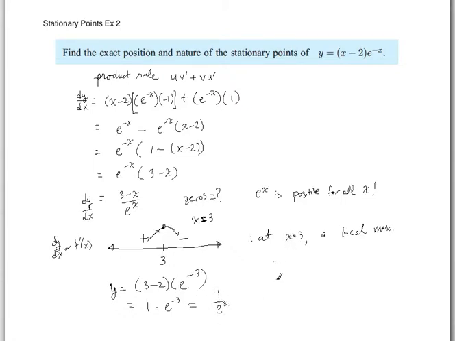So the point of the local maximum is 3 and 1 over e to the 3. Okay, that is the answer to my question. It's the exact position of my stationary point, and we say it is a local max at this point. All right.